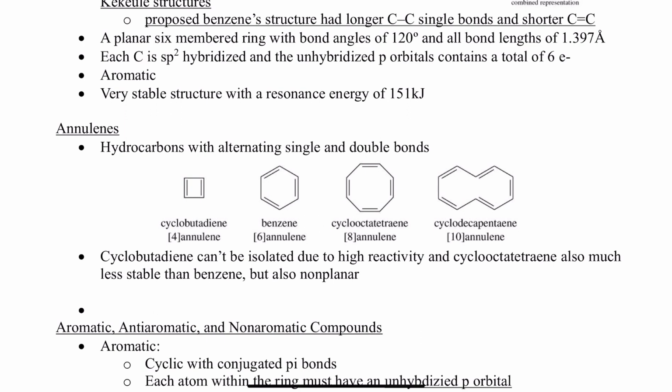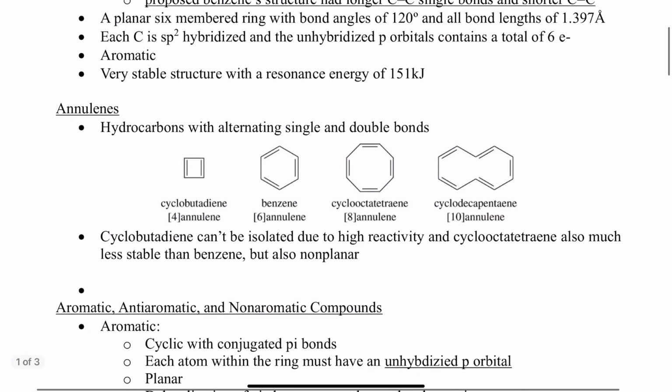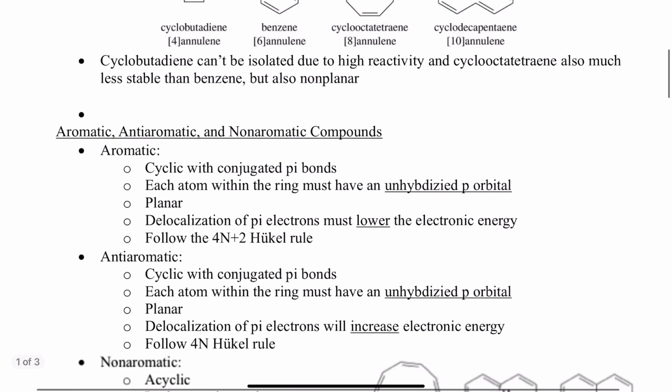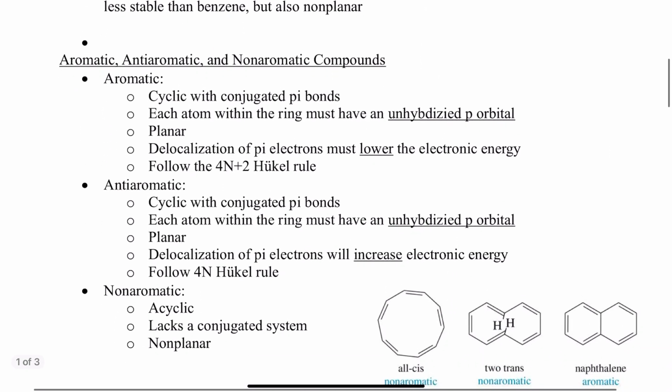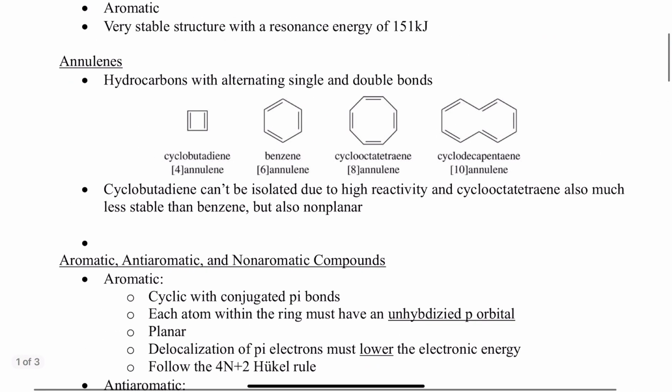So this leads us into the next part of our video. How do we determine what will be aromatic or anti-aromatic or non-aromatic? Because we learned that going simply with the definition of having to be a cyclic structure with a conjugated system and an identical resonance structure, that wasn't correct.